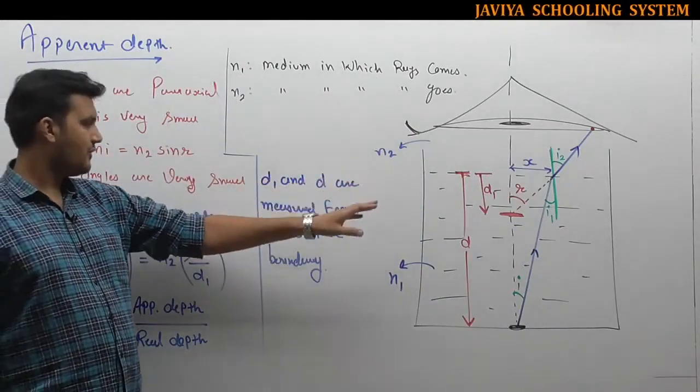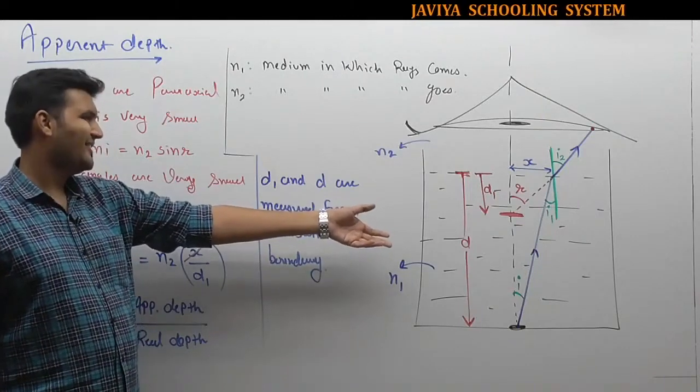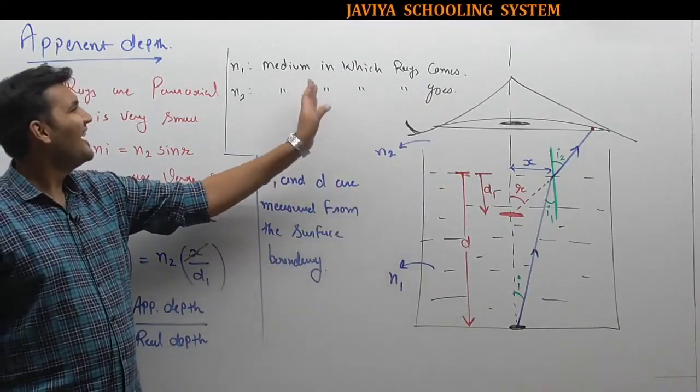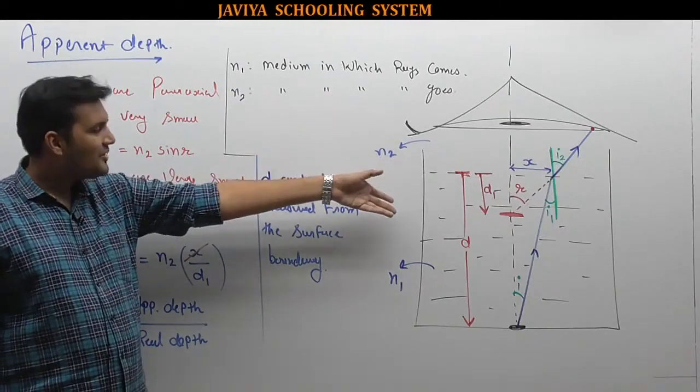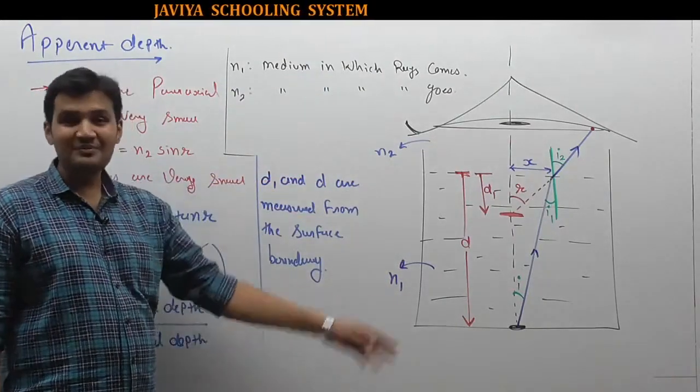D1 and D2 are measured from the boundary, as you can see. N1 is a medium in which rays come, N2 is a medium in which rays go. It's very important for all of us.